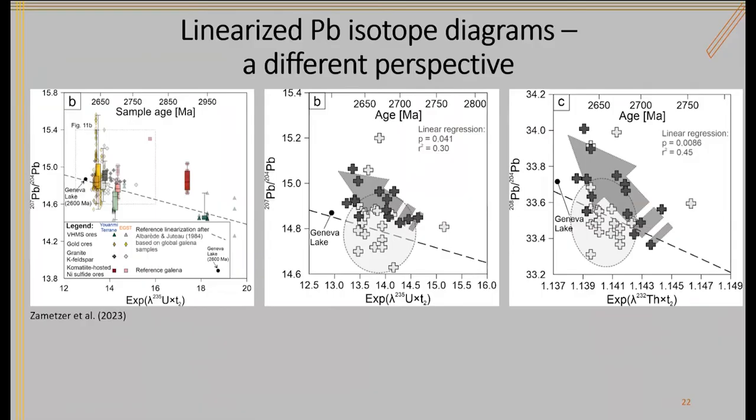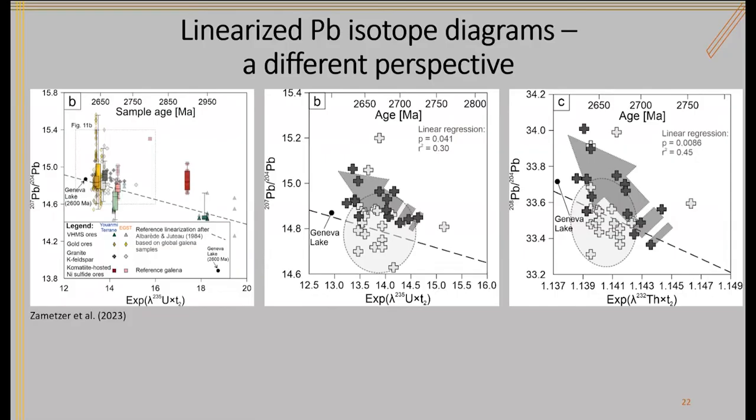Linearized lead isotope diagrams following Albarède and Juteau 1984 are a very interesting alternative and a very different perspective on lead isotopes. What is plotted here are the individual lead isotope ratios versus these exponential terms. The exponential terms can also simply be converted into a sample age, which is shown at the top of the graphs.